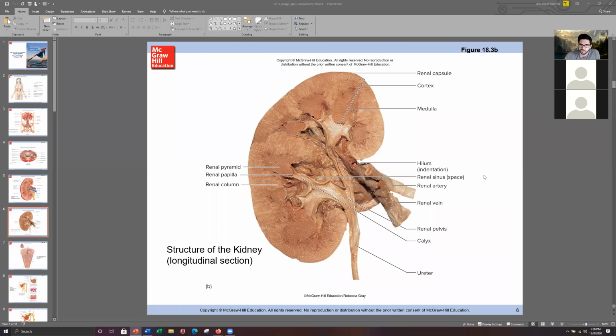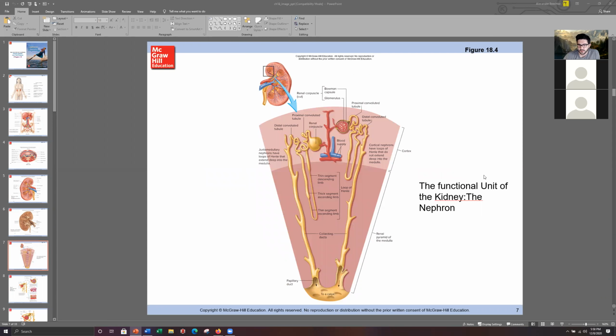Okay. All right. So here's one of the coolest parts about learning about the kidneys and the filtration systems of our body: the nephron, right? So the nephron is this really cool little set of tubules and specialized arteries whose main goal is to first and foremost respond to pressure changes in our body.